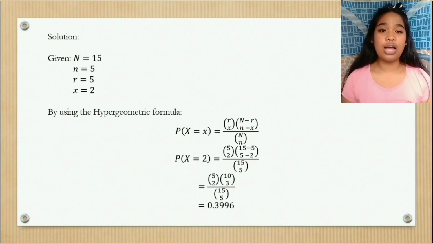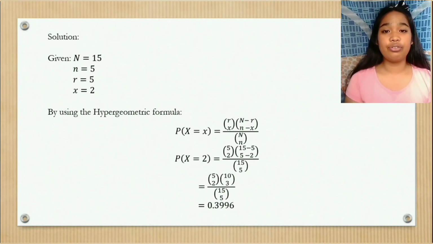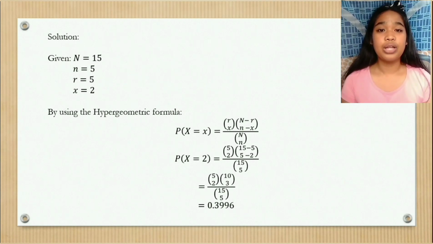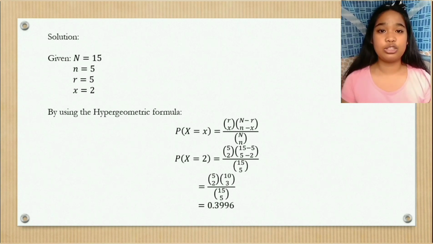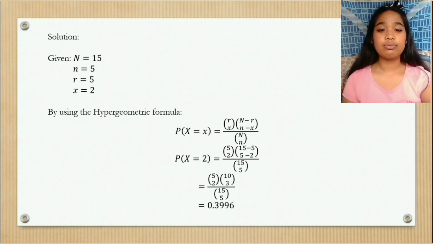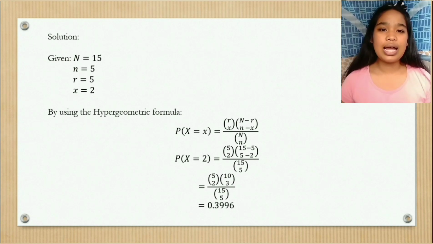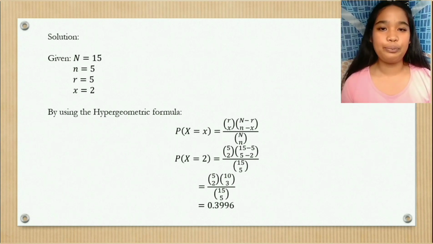By using the hypergeometric formula, the probability of x equals 2 equals 5 choose 2 times 15 minus 5 choose 5 minus 2, divided by 15 choose 5. Then we will calculate it using combinations.